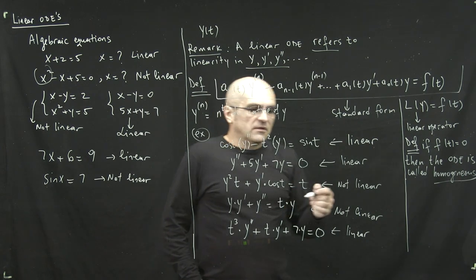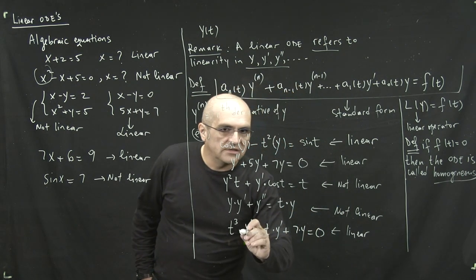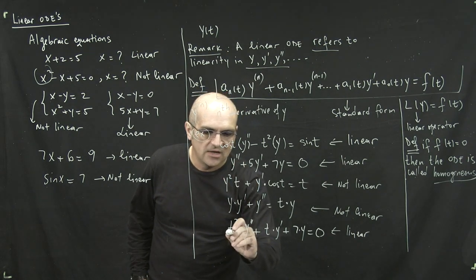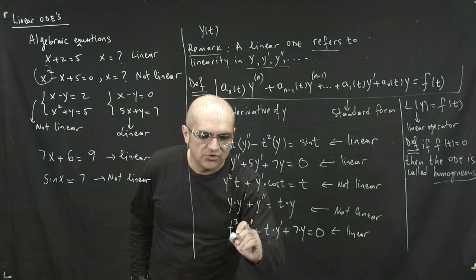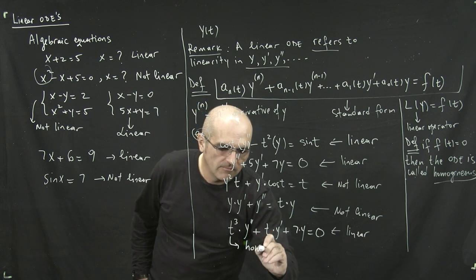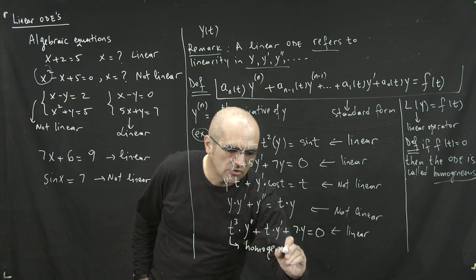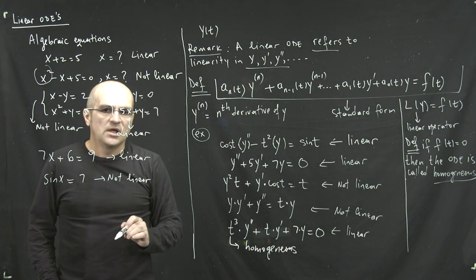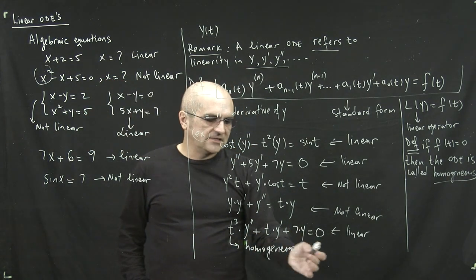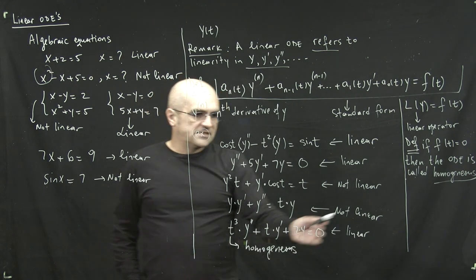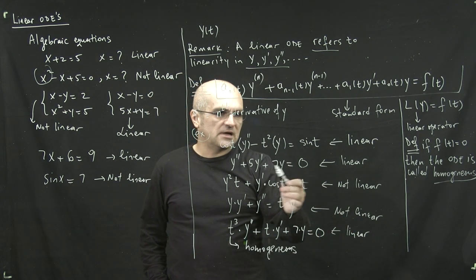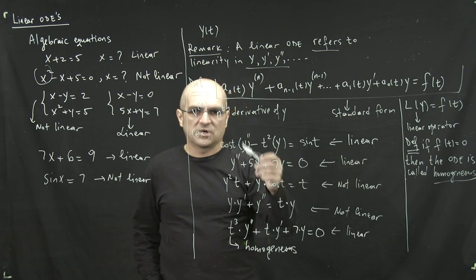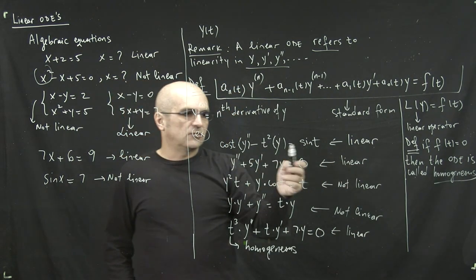So, for example, if I look at this last, or the second, yes, and this one, these are examples of homogeneous ODEs. Linear, but also homogeneous, because f of t is equal to 0. So there is no non-zero term that doesn't depend on y. This is, for example, linear, right? The first one is linear, but not homogeneous. We're going to put more examples till the end of the lecture as well.